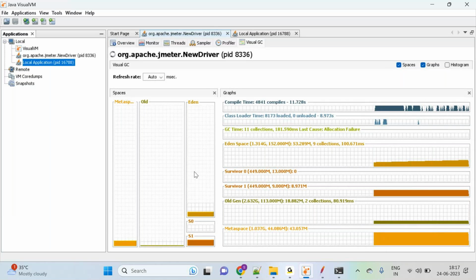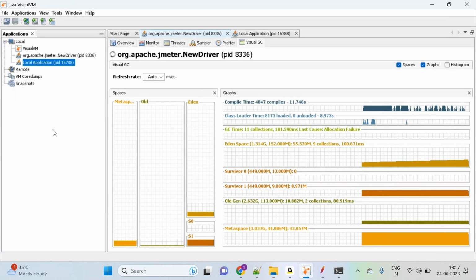I am going to explain how to analyze the garbage collection, the threads, and the heap. We are going to discuss each and everything in detail.